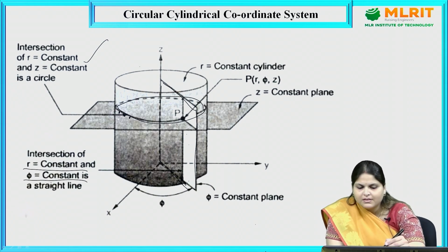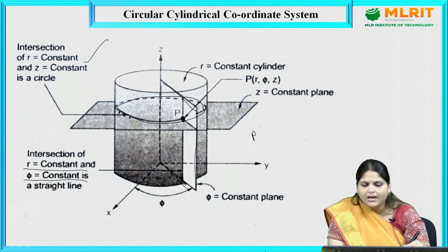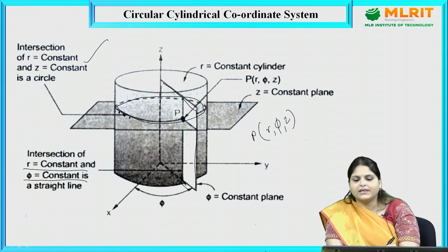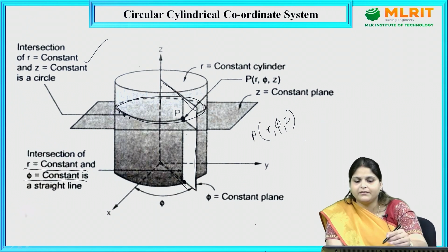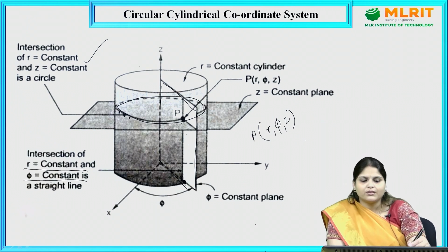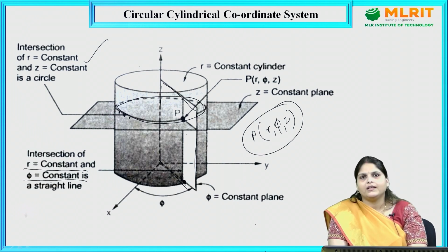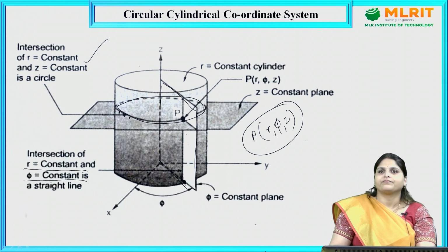And somewhere here, by combining this, we can get a point which can be taken as P, and its coordinates are R, phi and Z. Because here we are getting the intersection of R and phi, and here, because of the height of the cylinder, we are getting the intersection of R and Z. So combinedly, they are giving us the coordinates R, phi, Z, where R is the radius of the cylinder, phi is the azimuthal angle, and Z is the height of the cylinder.